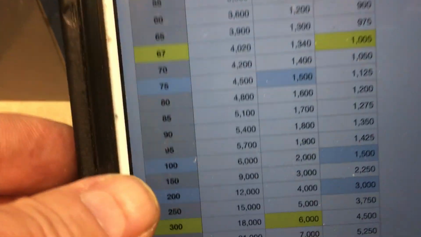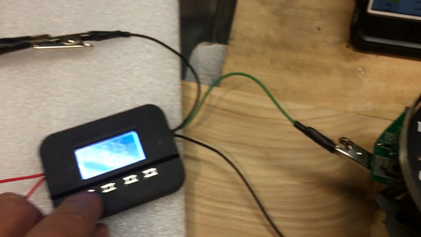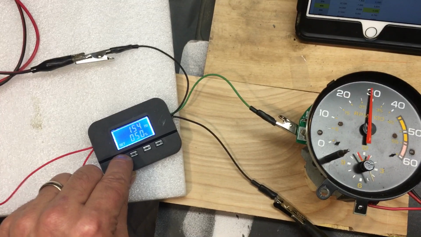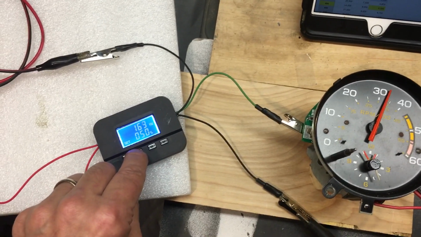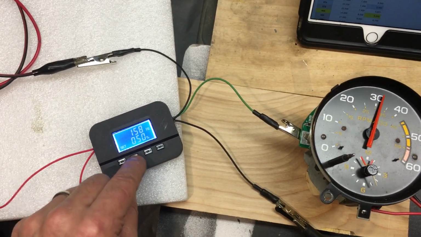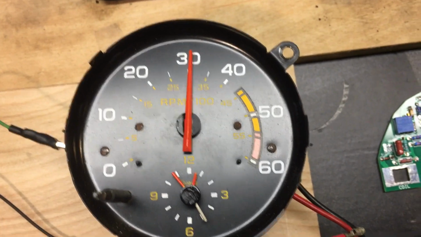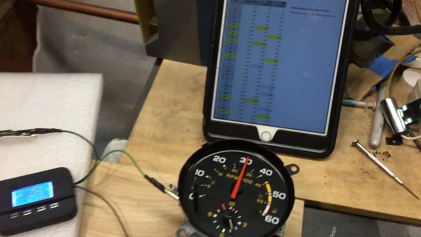One more test. Let's do 3000. 3000 is 150. Let's go up. No, too far. Come on, down. 3000 RPM. There you have it.